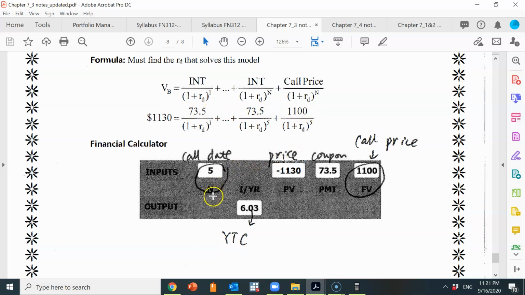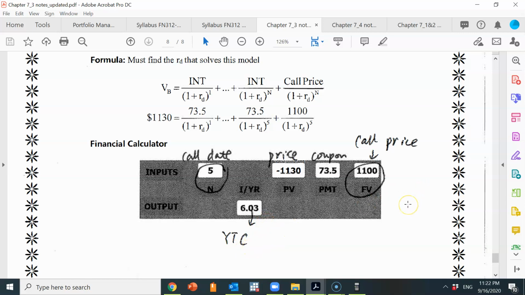So we input N as 5, the call date, present value still as bond price, negative 1130, coupon payment still 73.5. Future value, we input as 1100, the call price instead of the par value, and we compute for I. So we have yield to call as 6.03%. Okay, add back the percentage sign, so that's the yield to call.